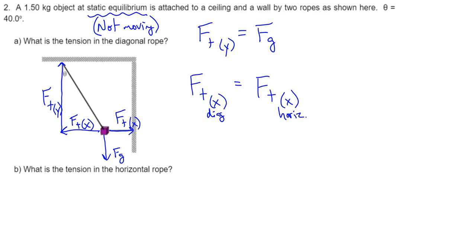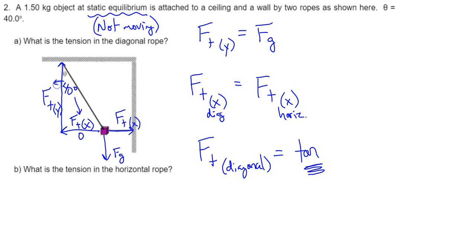And then the overall force of tension of the diagonal rope is going to be found using our tangent trig function, because we're going to find the different portions of this using theta equals 40 degrees, knowing that this portion is opposite.